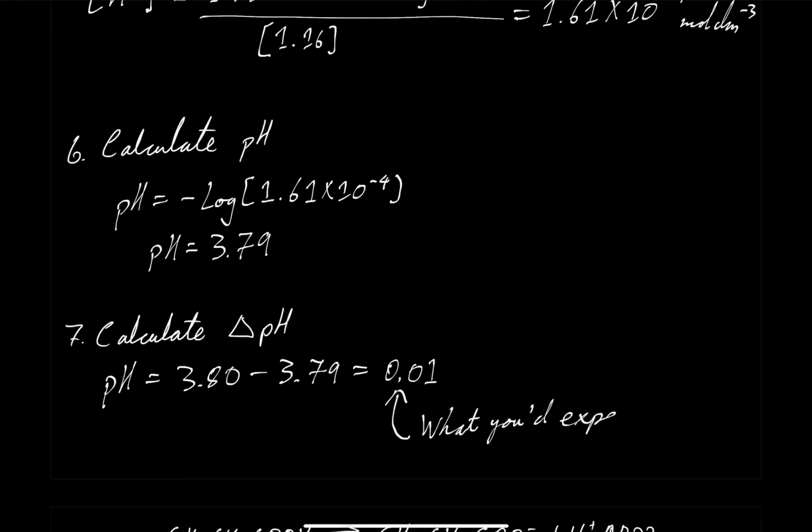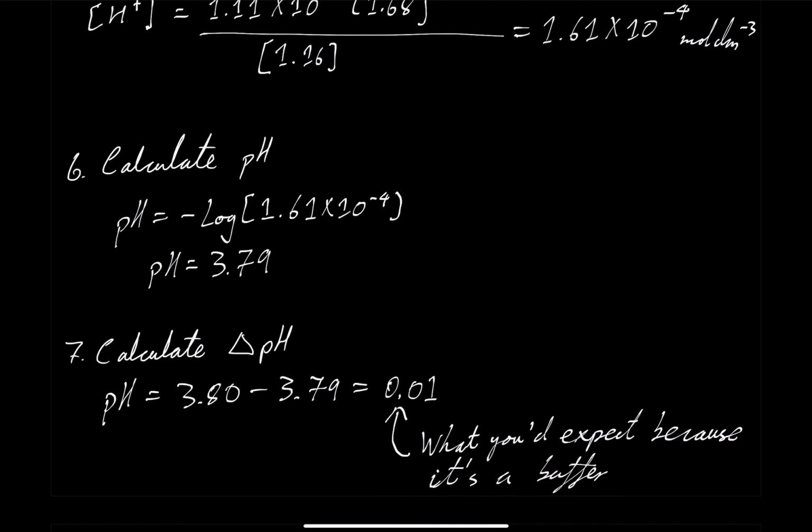because it's a buffer. So if you get a change of pH of 0.01, that is what you'd expect because this is a buffer, right? Buffers are meant to reduce the change in pH. They keep a constant pH by reducing the factor of change of pH.